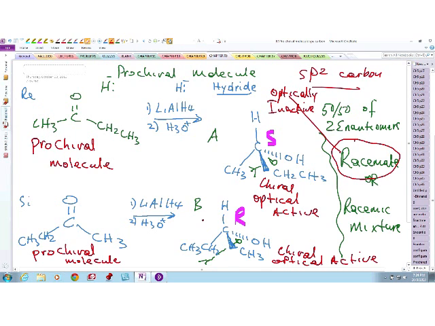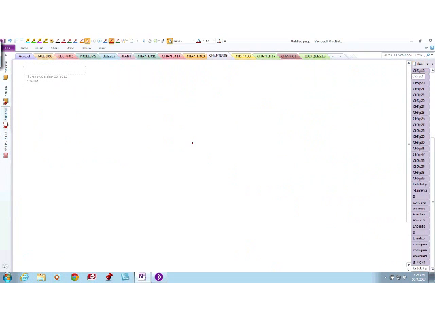Now let us see here. Let us now discuss pro-chirality carbon. Supposing we have this molecule here. Remember the definition of pro-chirality carbon that we gave you earlier.